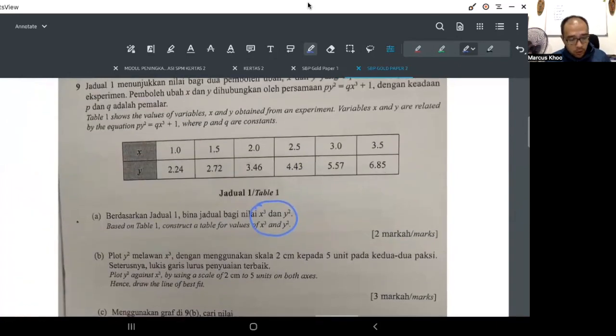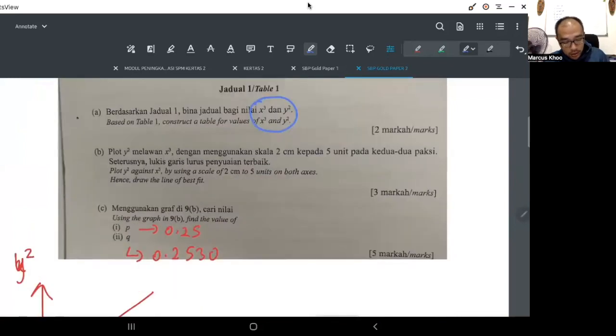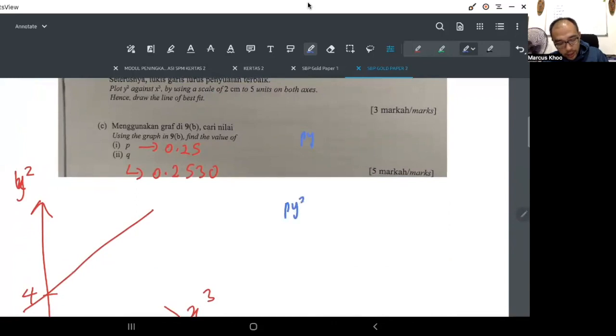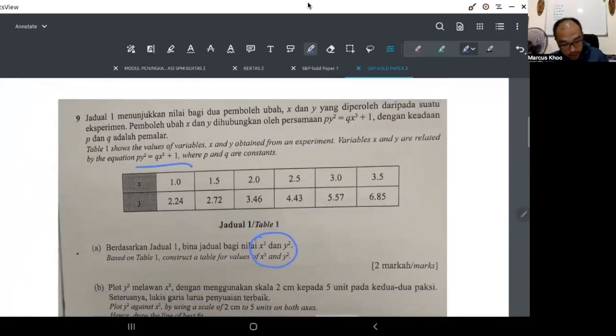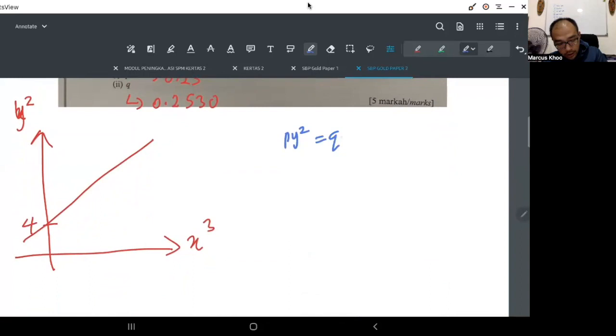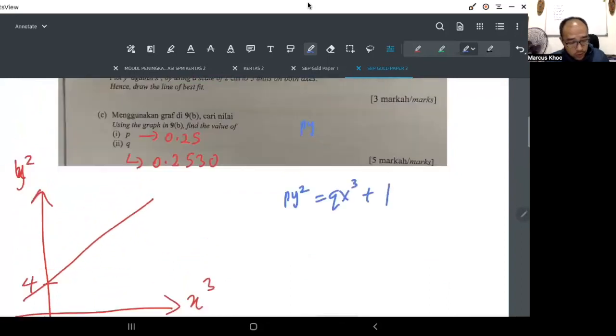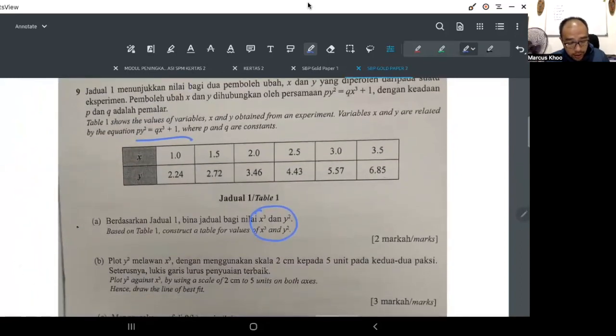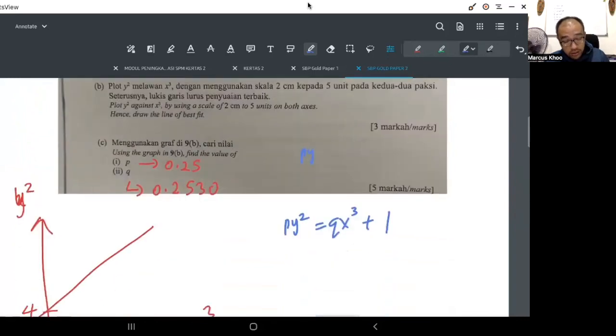Q. Obviously we have to change this. So Py squared equals Qx cubed plus 1. This is very straightforward.